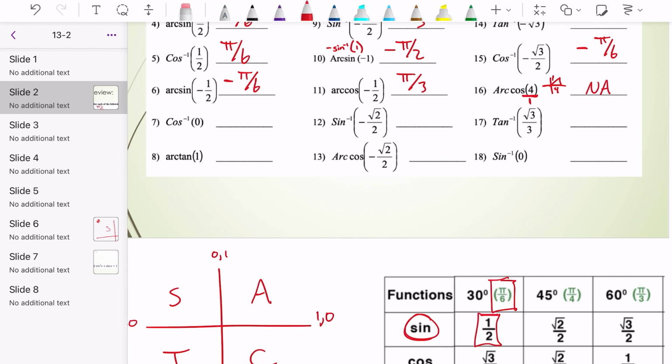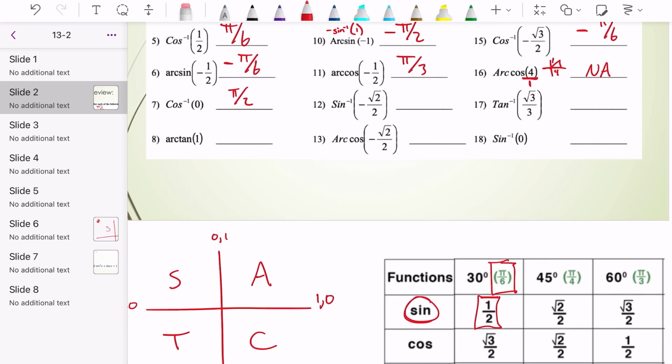Number 7, we're looking at the inverse cosine of 0, which would be pi over 2. Arctangent for number 8 of 1. Notice 1 would be pi over 4. It is a positive number, which means it remains positive.